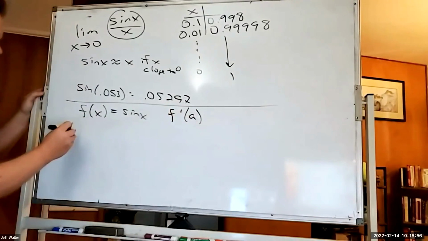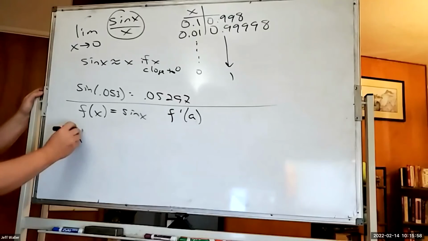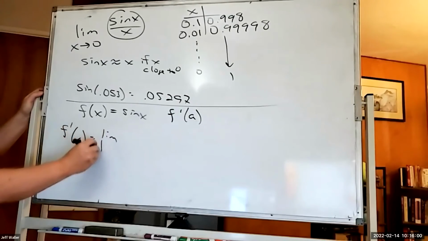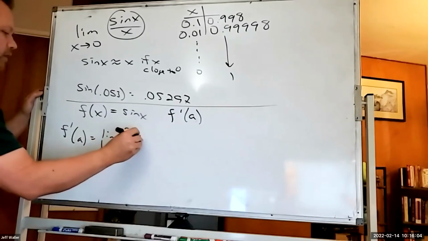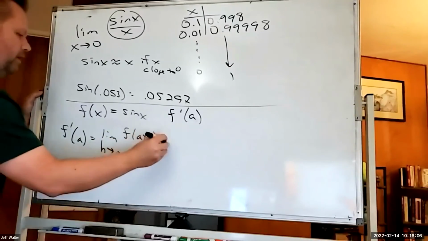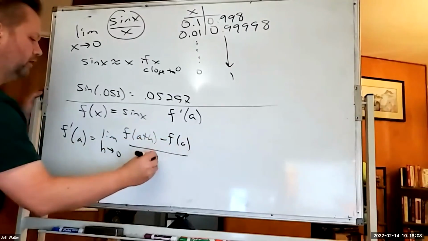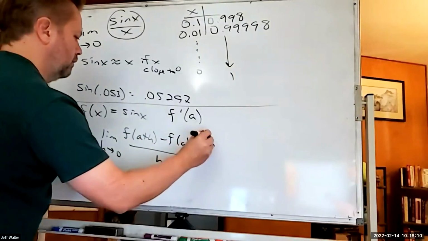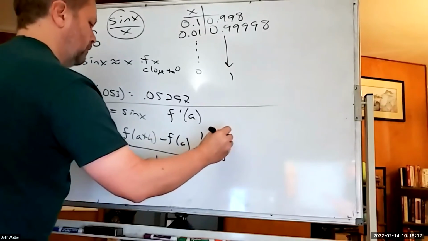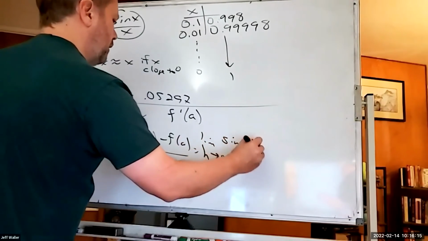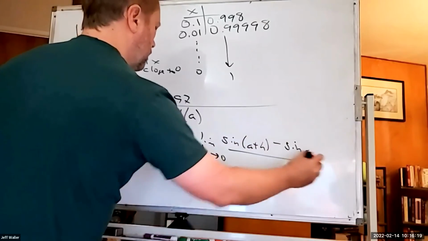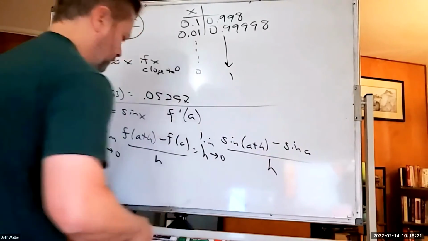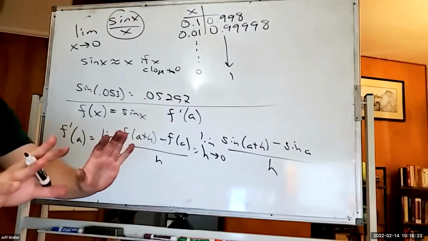So f prime of a is the limit as h goes to 0 of f of a plus h minus f of a over h. So this will be the limit as h goes to 0 of sine of a plus h minus sine of a, all over h.